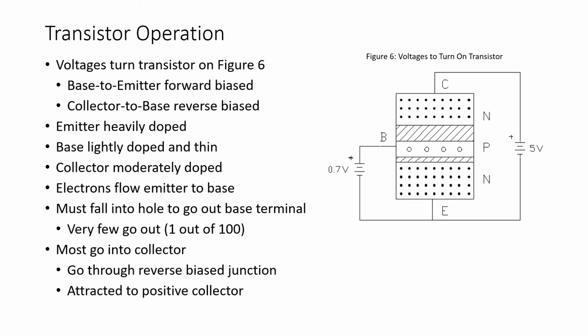Now we'll just look briefly at how and why a transistor operates like it does. First of all, understand that we have to apply some voltages to the transistor in order to turn it on.